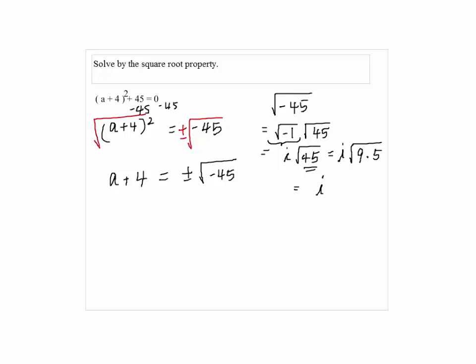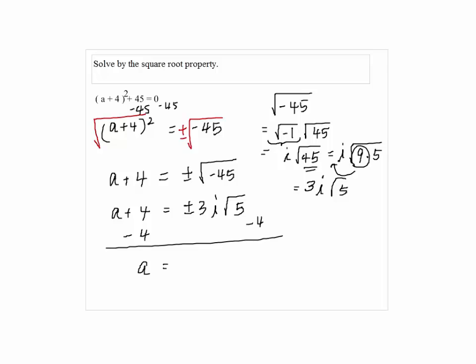So we have i times 3 times radical 5. So a plus 4 equals plus minus 3i radical 5. So by subtracting 4 from both sides, we have a equals negative 4 plus minus 3i radical 5.